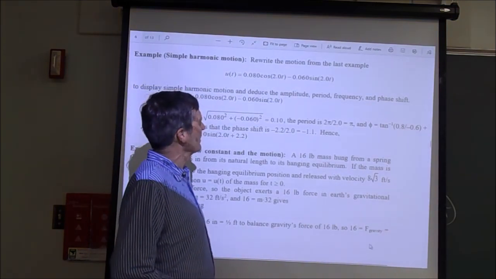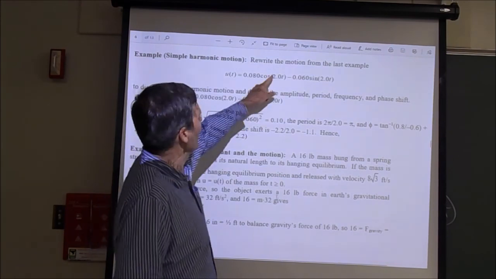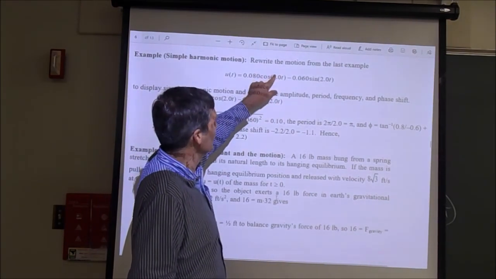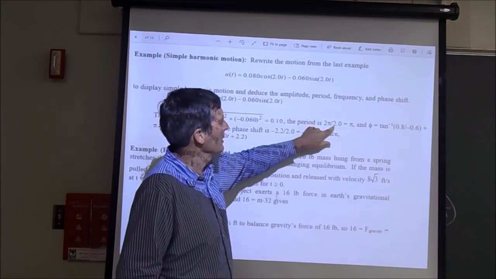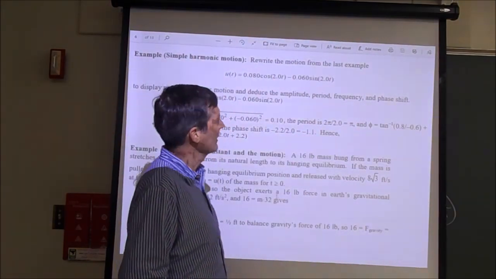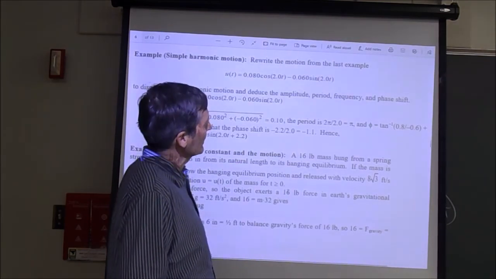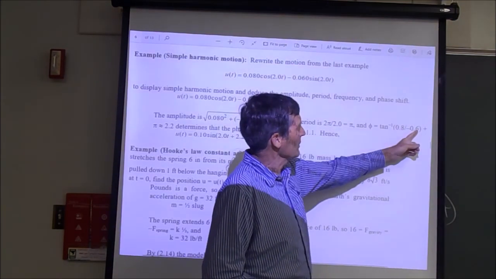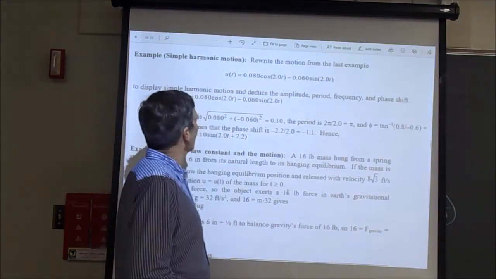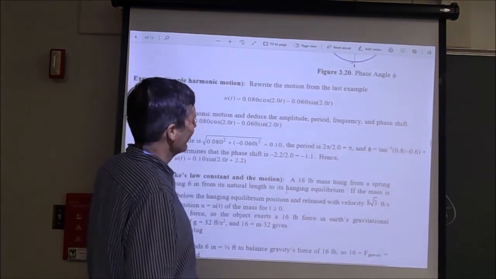The period of a sine wave that has angular frequency 2, you recall, is 2 pi over the angular frequency, which is 2 pi over 2, or pi, so it oscillates every pi units of time. And the angle is the arctangent of C2 over C1, or C1 over C2, I've forgotten now.